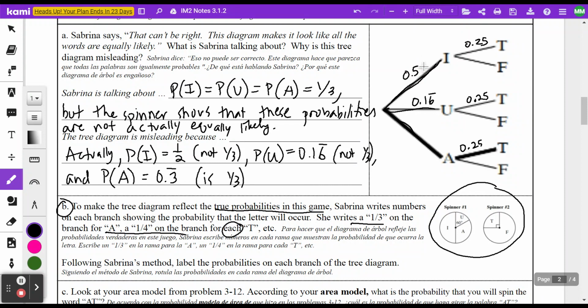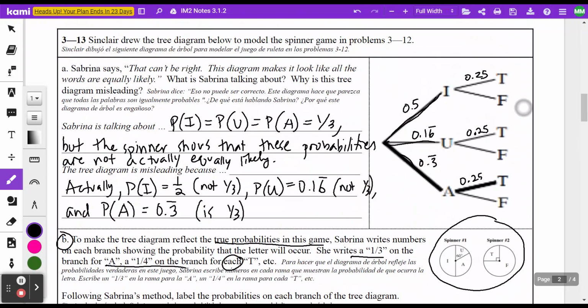And the probability of A was 0.3 repeating. And I can see very clearly that I made a mistake because these should add to 1. Oh, I didn't make a mistake. Sorry. I was looking at these and I forgot about the repeating part. 0.5 plus 0.16 repeating plus 0.3 repeating does equal 1. We're all good. Anyway, we need to label F. F is 0.75. Oopsie.